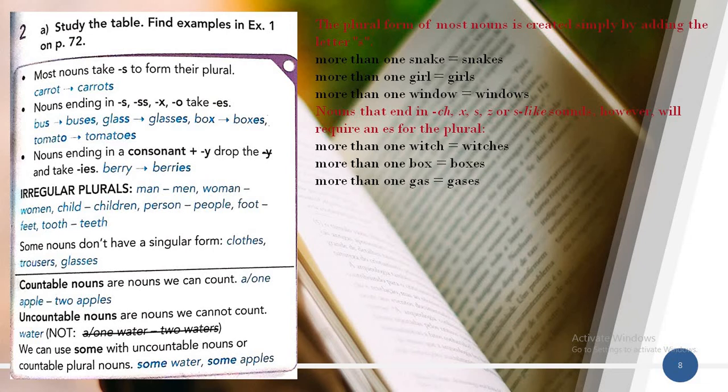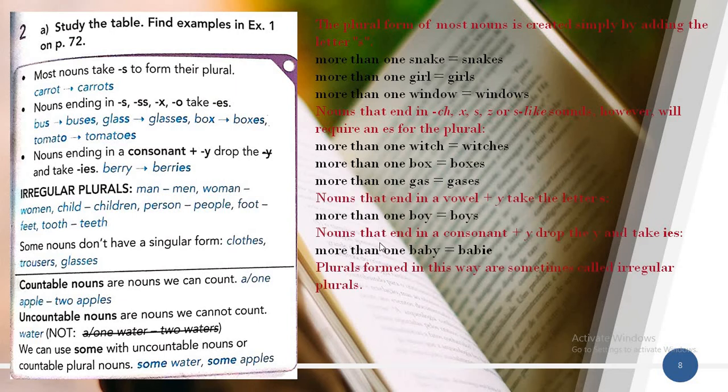Now, keep following with me, please. When we have nouns that end in a vowel plus Y, take the letter S, like boy, boys. And when we have nouns that end in a consonant plus Y, drop the Y and add what? I-E-S, like baby, babies.